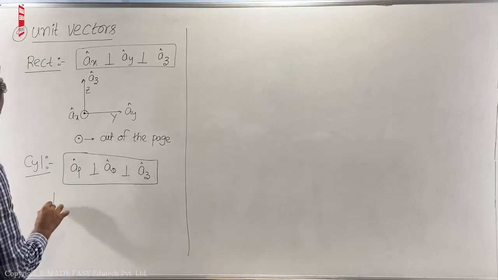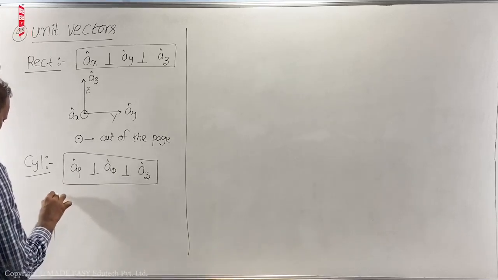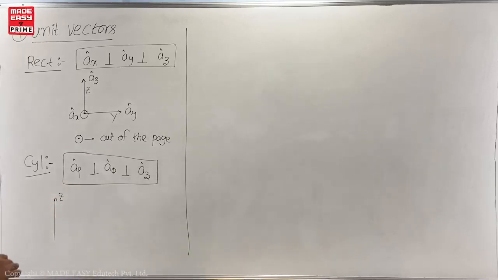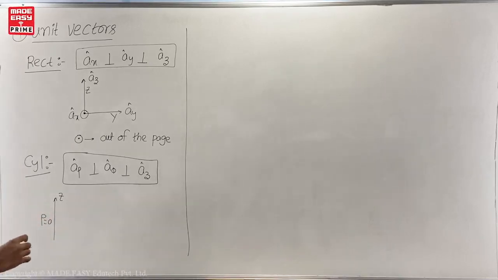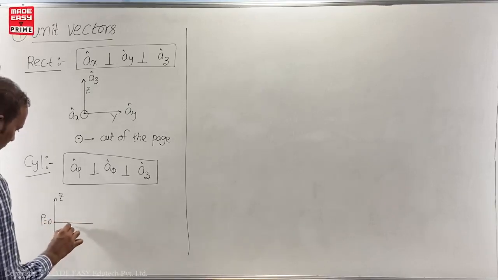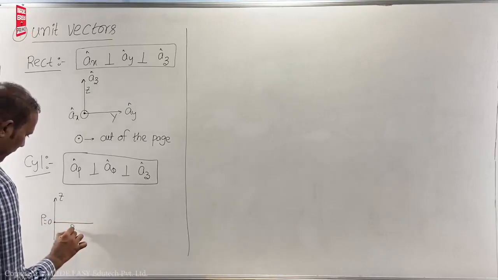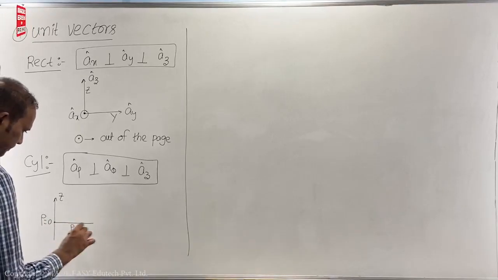Now first one, this is the z-axis. On the z-axis radius is 0 here. Now if you go like this, rho increases. If you go like this, rho increases in this direction.